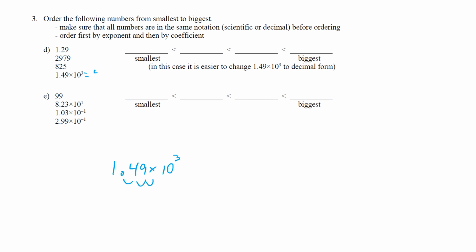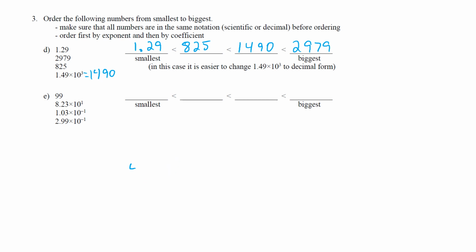So this is equal to 1,490. So of these 4 numbers, 1.29 is the smallest, then 825, then 1,490, and then finally 2,979. I could have changed them all to scientific notation, but it's easier just to change 1 than to change 3.